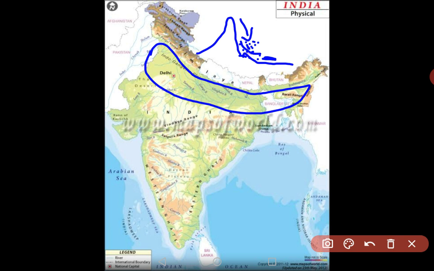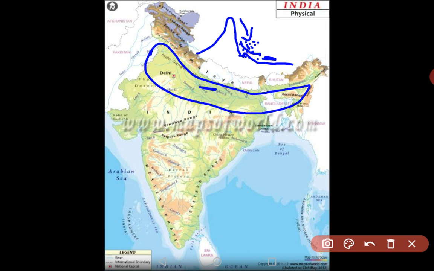Earlier, when the partition of India was done in 1947, a lot of migrants came to this Tarai area and started living over here. In this Tarai area only you will find the Dudhwa National Park.